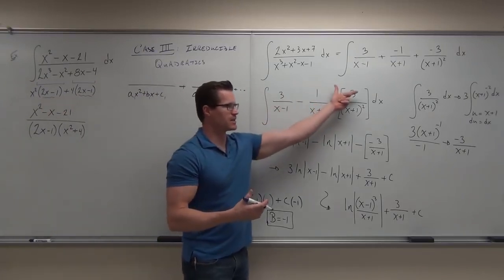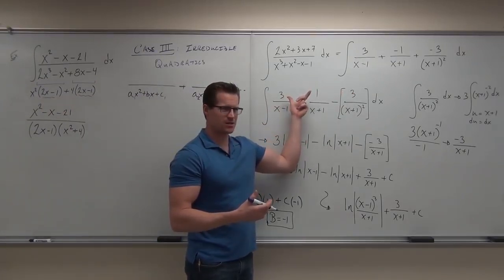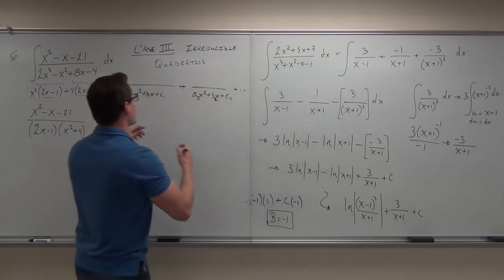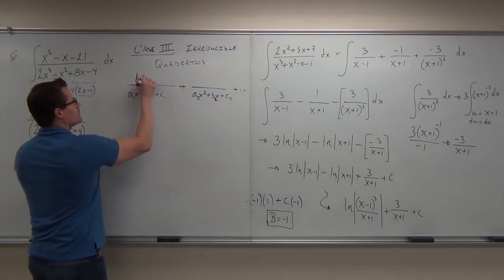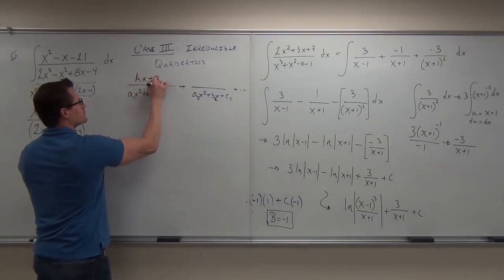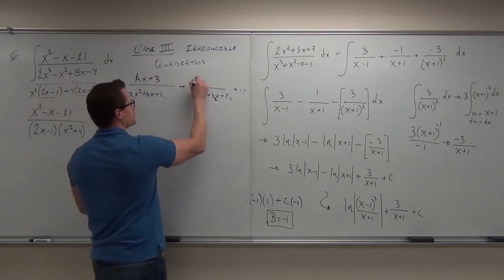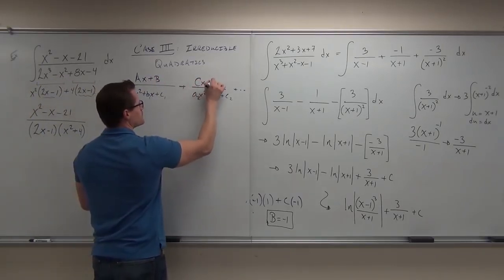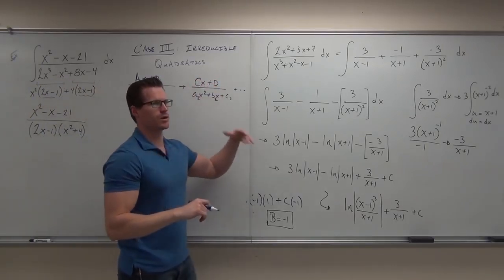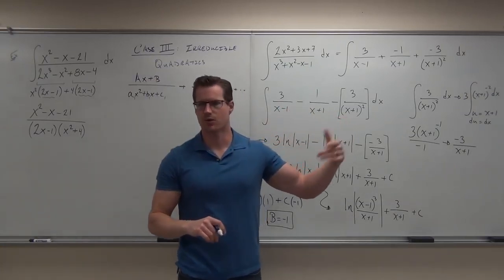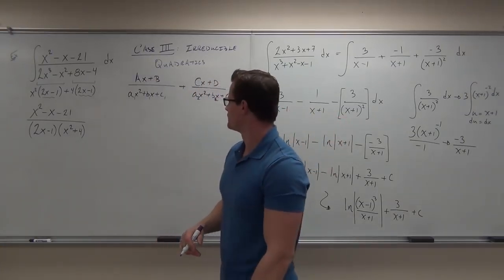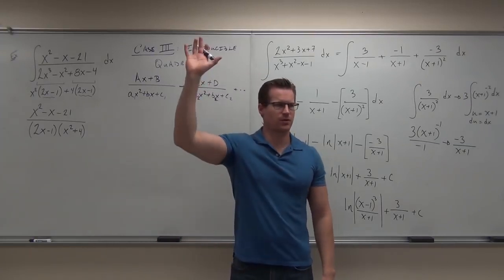We had A, we had B, we had C. 1 degree lower. Does that make sense to you? For our linears. For quadratics, we're going to have linears. Ax plus B, Cx plus D, and so on, and so forth. This is the idea here. Show of hands, feel okay with that one?